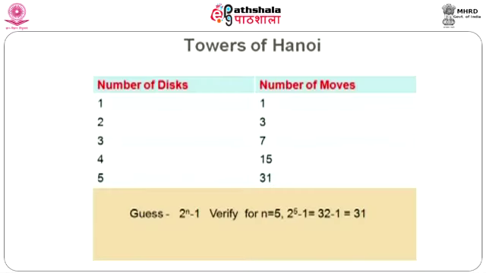In other words, we have to formulate the recursive equation and construct a closed form function, that is a non-recursive function, and that non-recursive function can be termed as the solution of the given problem.